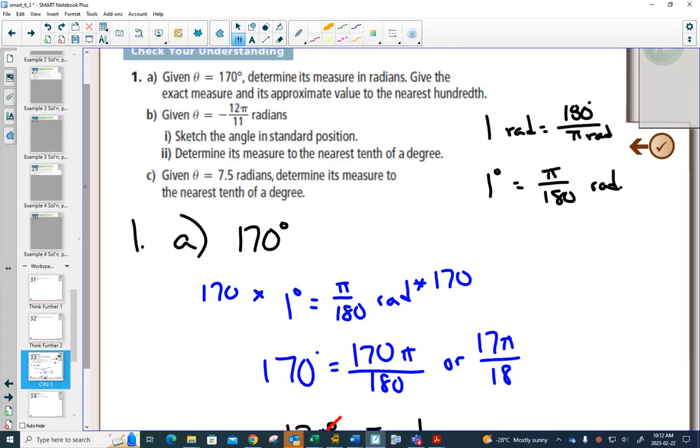This would be considered exact. And when we go to our calculator and we type in 17 pi divided by 18, then we get an approximation to the nearest hundredth would be 2.97.